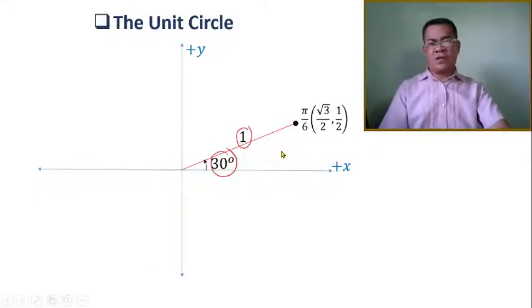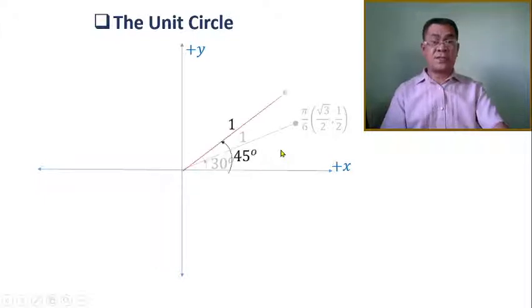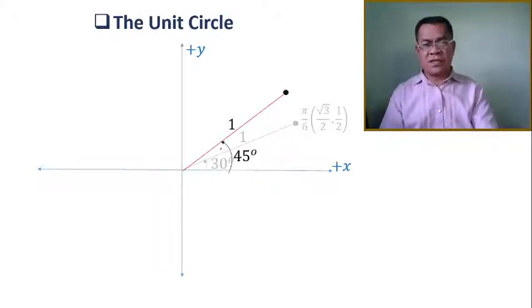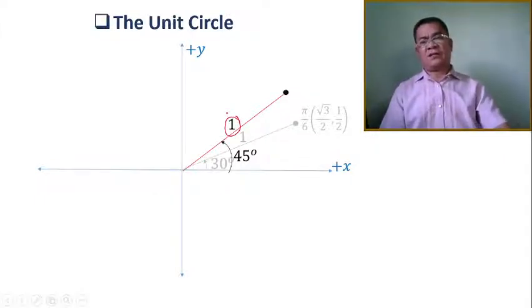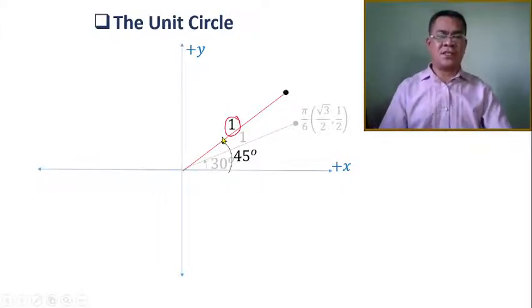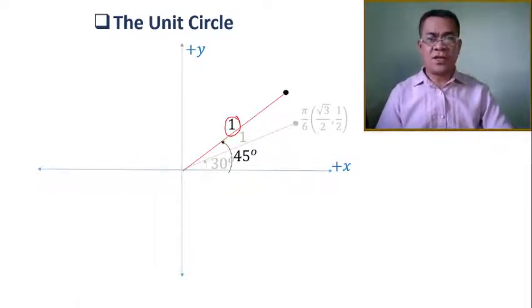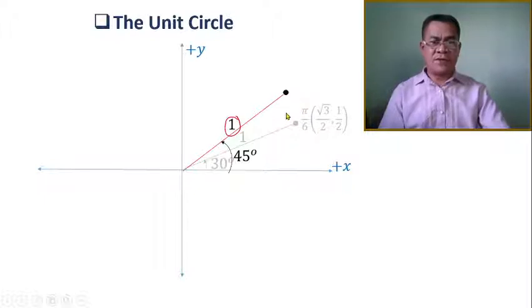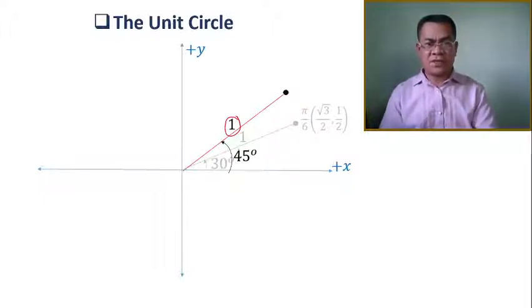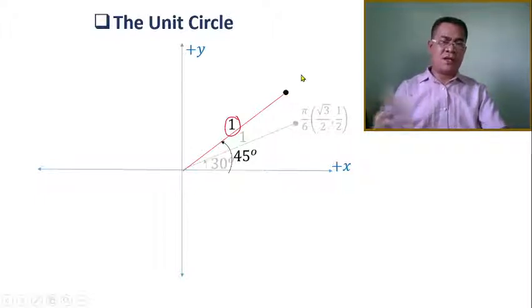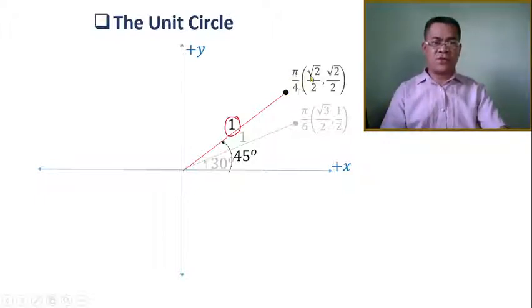Now suppose we have 45 degrees. Since 45 degrees is a special angle, we can assign the distance from the origin, the hypotenuse, as 1, so it belongs to the unit circle. Therefore, for the cosine and sine, the coordinates x and y have the same value, square root of 2 over 2.